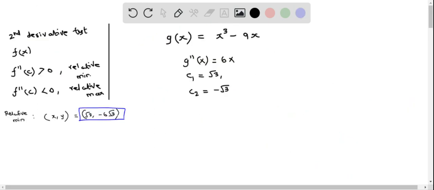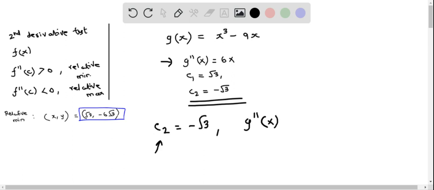We will now plug the second critical point, c2 equals negative root 3, into the second derivative to check if it is a point of relative maxima or minima. We have the critical point c2 equals negative root 3, which represents the x value, into the second derivative g double prime of x equals 6x.